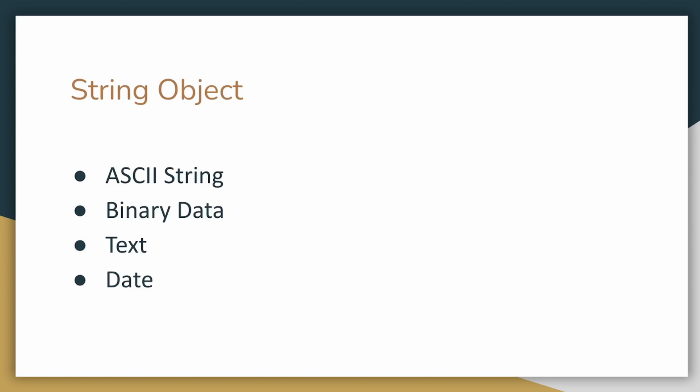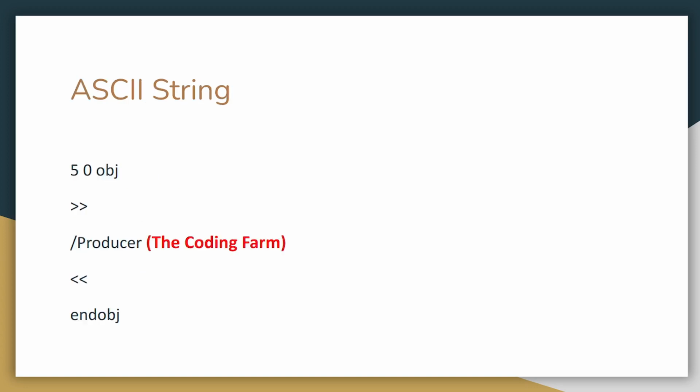The next object is the string object. A string object can have different forms, like the ASCII string, the binary string, the text, and the date. To write an ASCII string, you can simply use round brackets, as in the example. The red color font has a round bracket, and inside it is written the coding font.